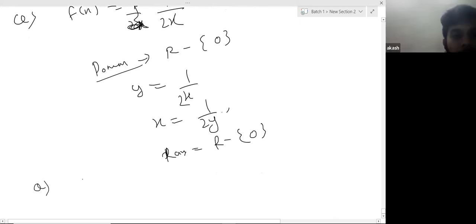Another question. F of x equals to x square. Find the domain and range.